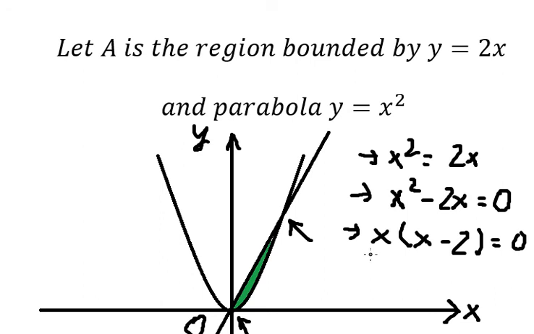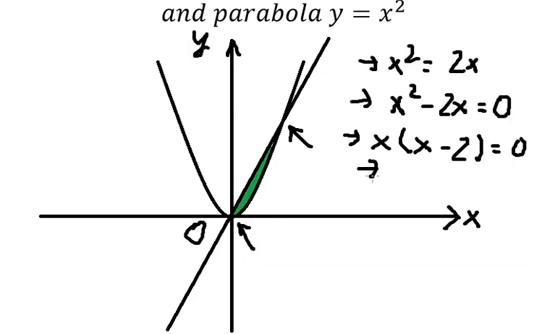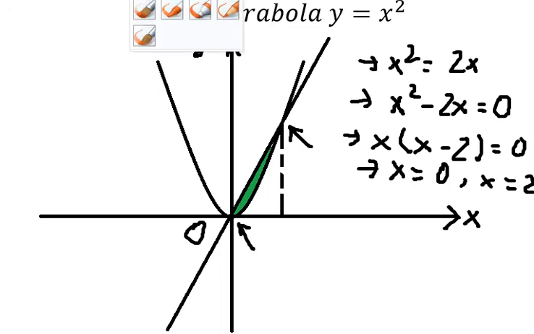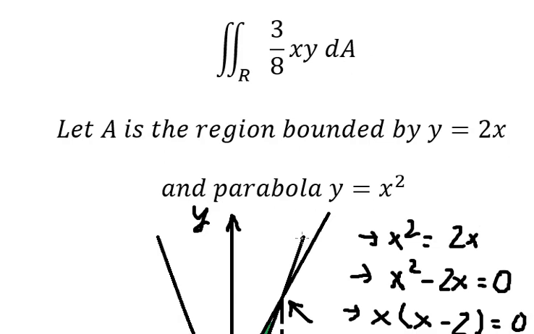So this one we have two solutions: x equals 0 and x equals 2. This one in here is number 2. And this one in here is number 0.